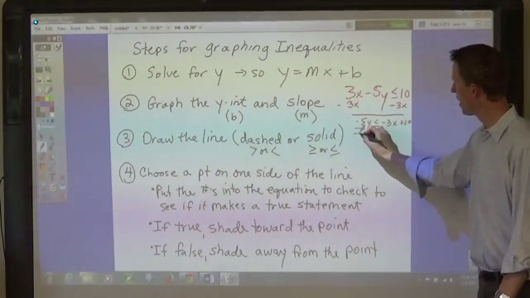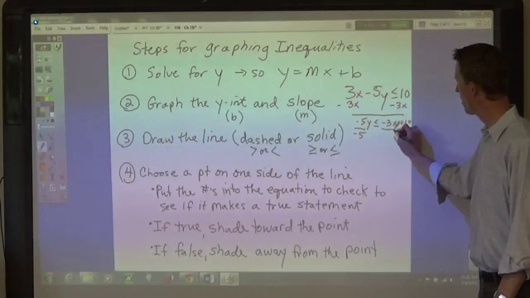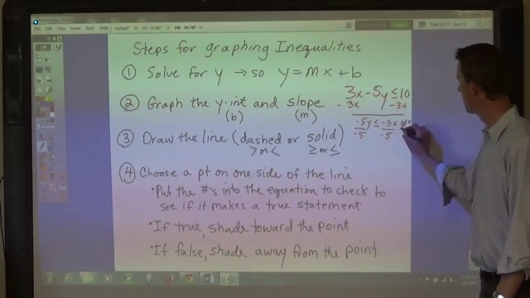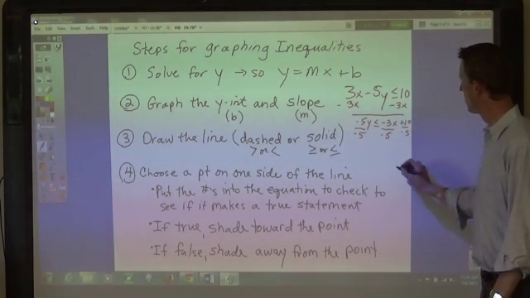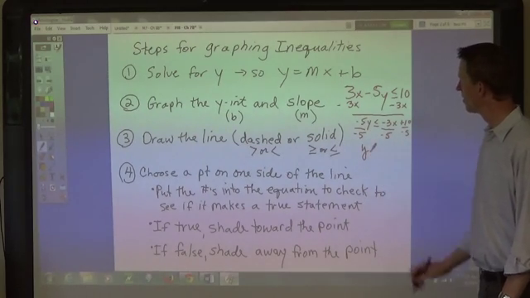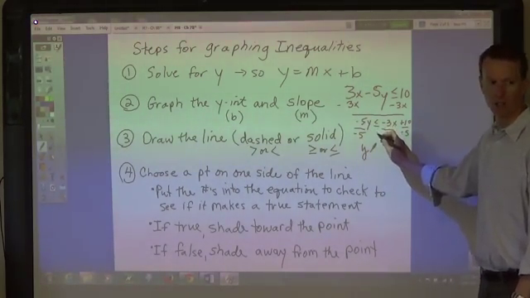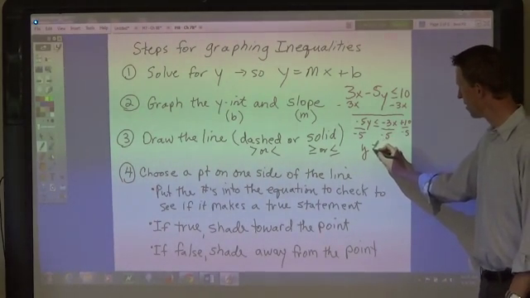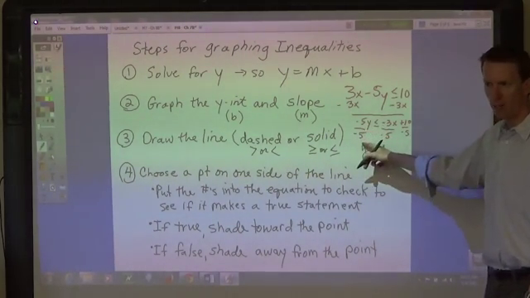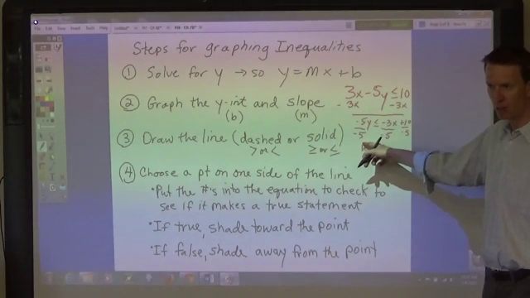Then you divide by negative 5. Divide everything on this side by negative 5. Simplify y. And you have to switch the sign. Whenever you multiply or divide by a negative number to solve the equation, you have to reverse the sign.